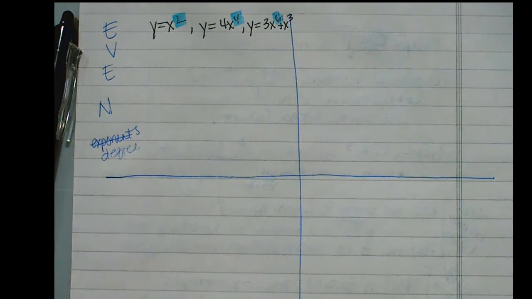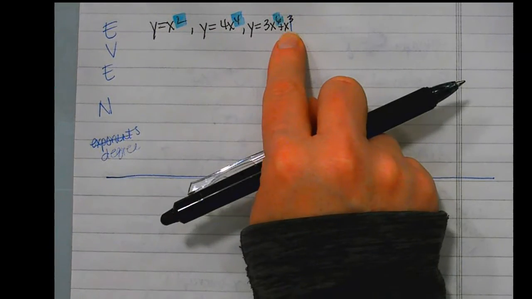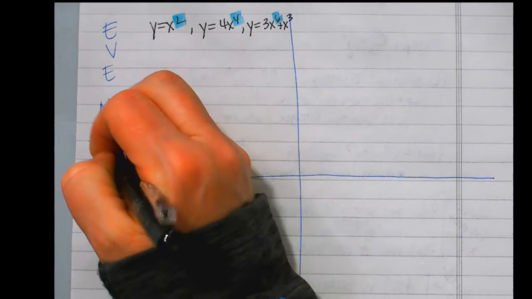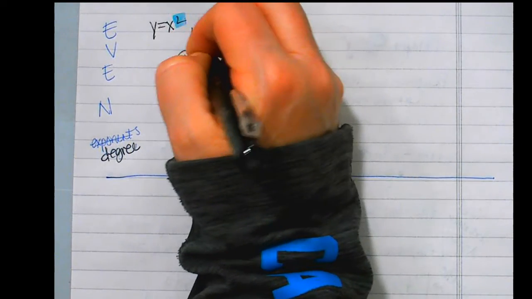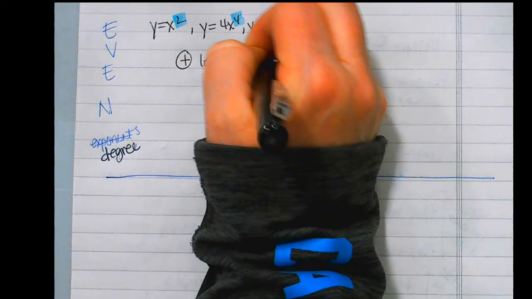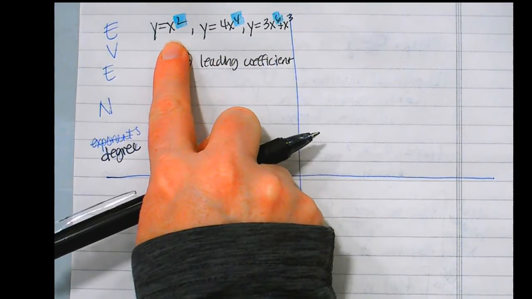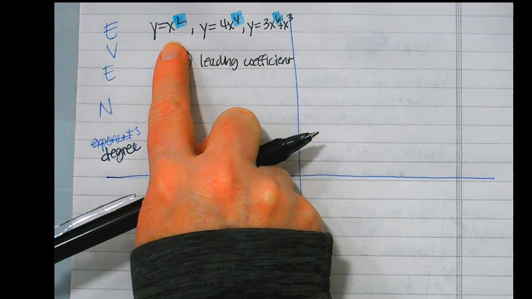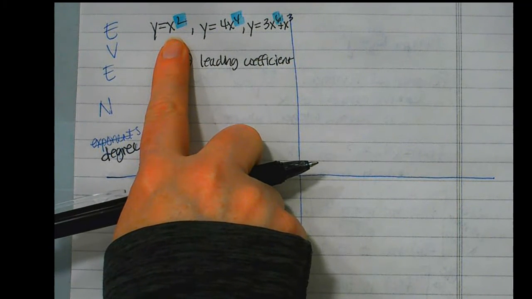So not just an even exponent, because this one has an odd exponent, but an even degree. And they also have, in this case, a positive leading coefficient. So what happens with the end behavior here? Do my ends go the same or opposite, both up, both down? What happens with y equals x squared?